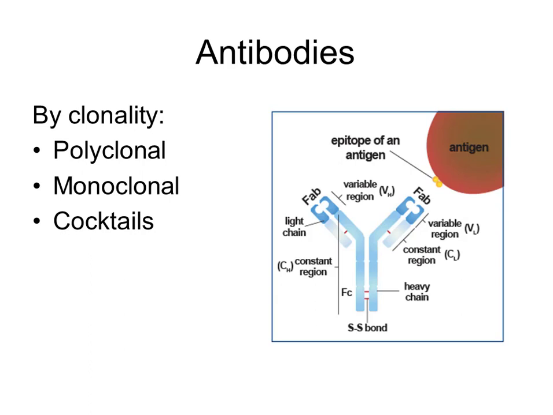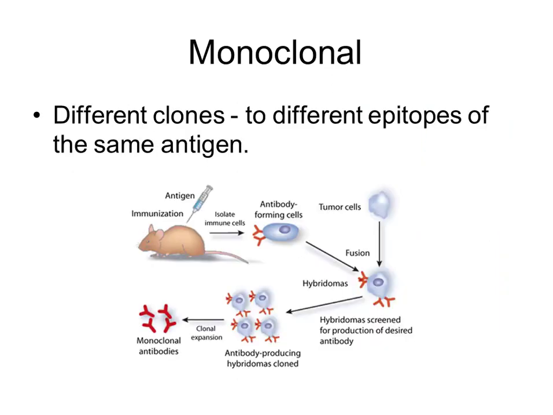According to clonality, we can classify antibodies into polyclonal, monoclonal, and cocktail. A monoclonal antibody is when we have one clone to one epitope of the antigen. We immunize a mouse with the antigen, isolate immune cells with the antibodies, then fuse these antibody-containing cells with tumor cells, that is lymphoma cells.